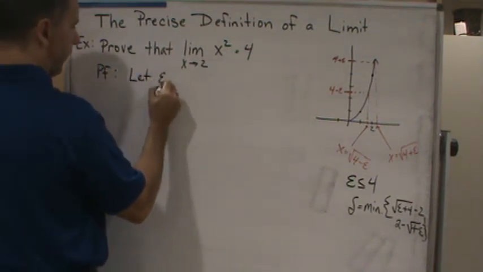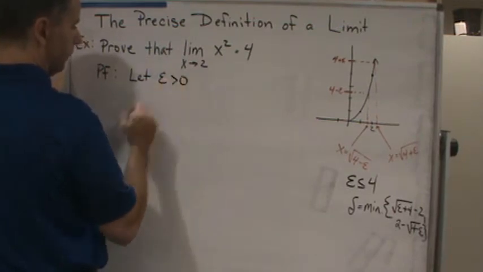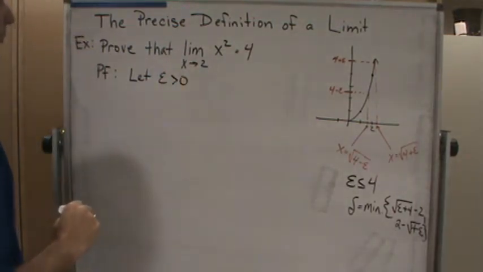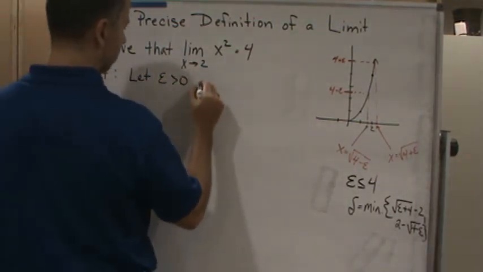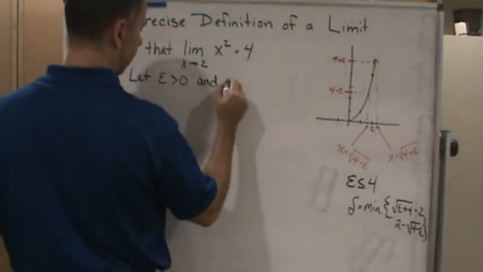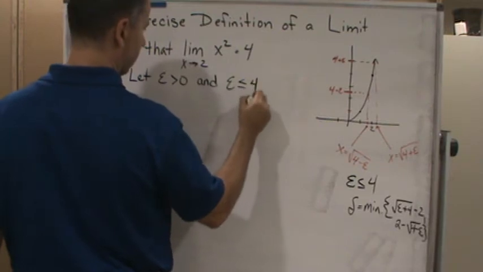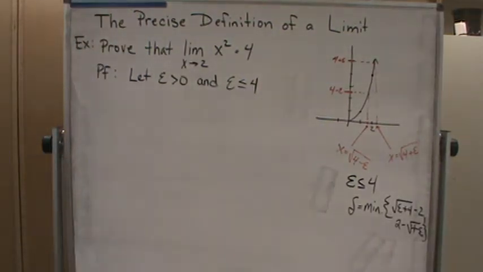Let epsilon be greater than 0 and epsilon less than or equal to 4. Okay. And we're not going to lose any generality because of what we talked about before.